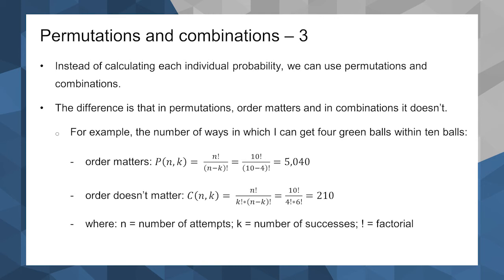If I look at permutations, because order matters, the denominator of that calculation I no longer multiply by the factorial of the number of successes, and that means that the numerator is unchanged, but the denominator becomes a much smaller number, and that's why I have a bigger number of permutations.